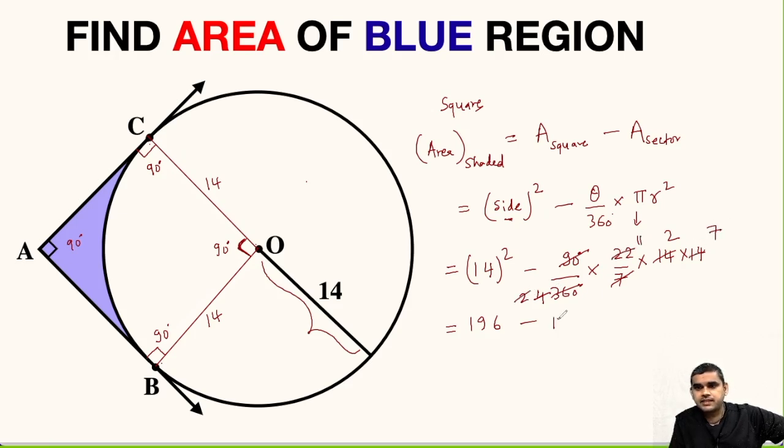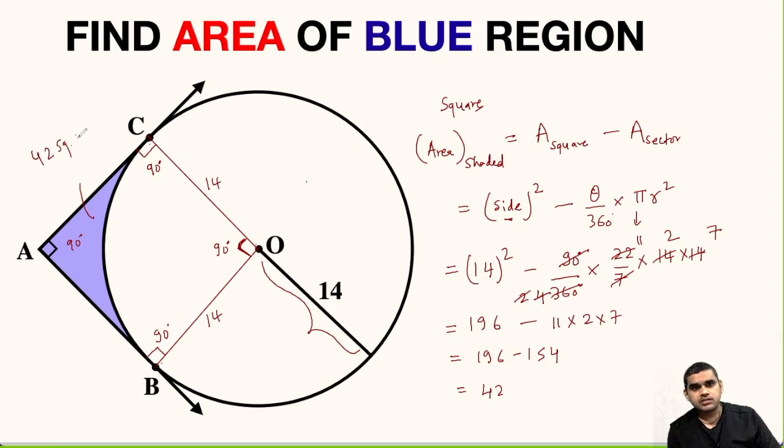So this will be 11 times 2 times 7. On simplifying, we will get 11 times 2 times 7 as 154. 196 minus 154 equals 42. So the area of shaded region, this blue region, is nothing but 42 square units.